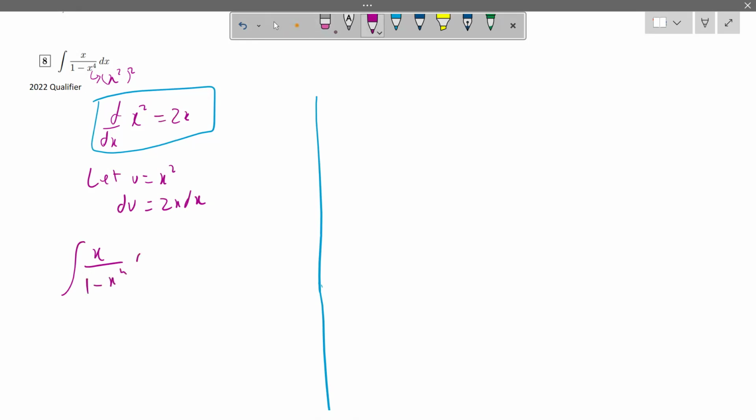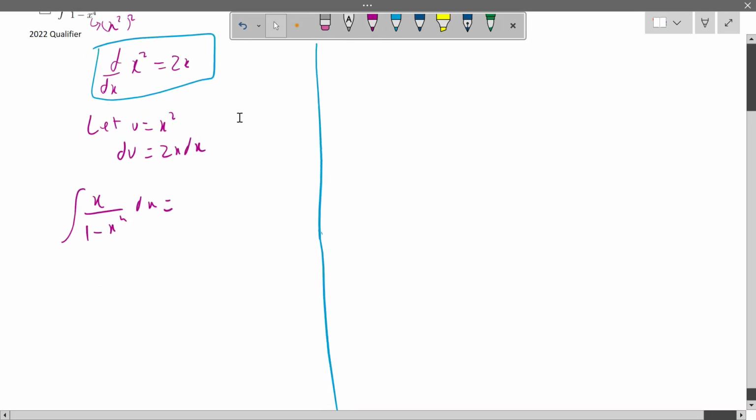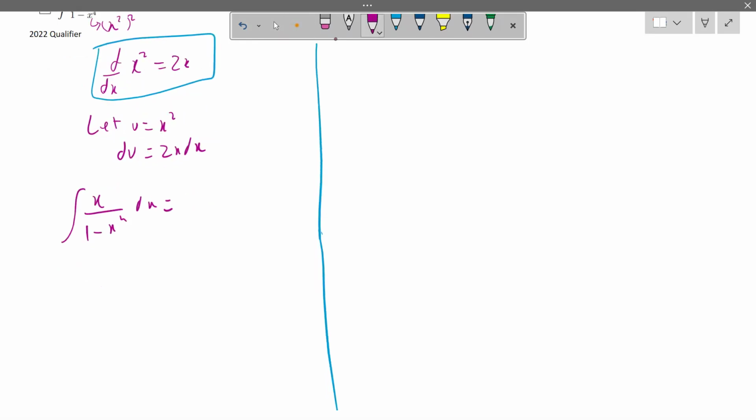the integral of x dx over 1 minus x to the power 4. Notice that x dx appears in the integral. From here, we get x dx is equal to 1/2 du.